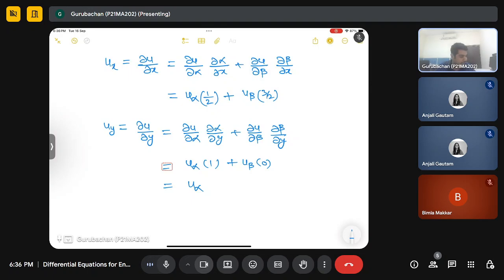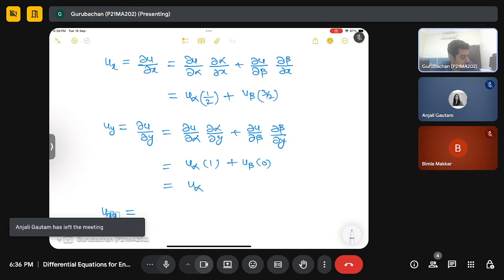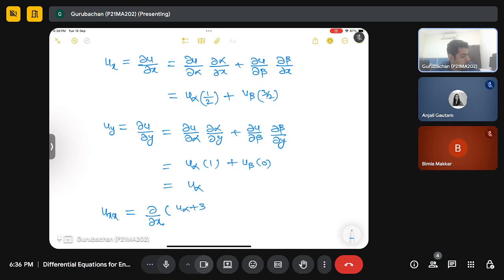From here we have to proceed to uxx, uyy and uxy, since only these terms are in our given PDE. So we will calculate uxx. Again, the partial derivative with respect to x of (u alpha plus 3 times u beta) divided by 2.